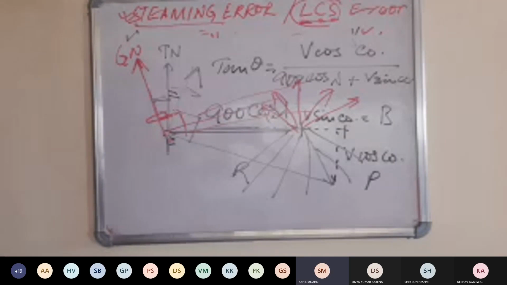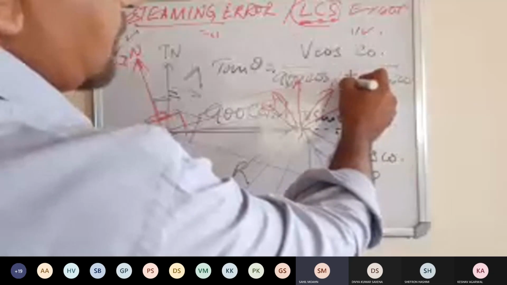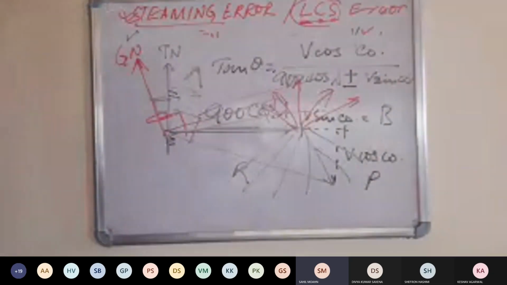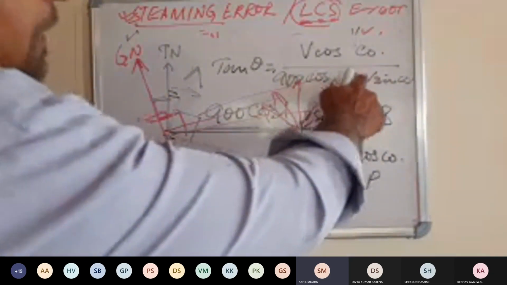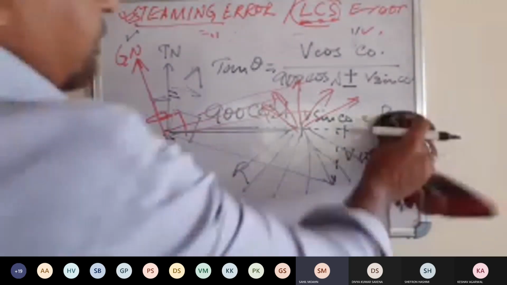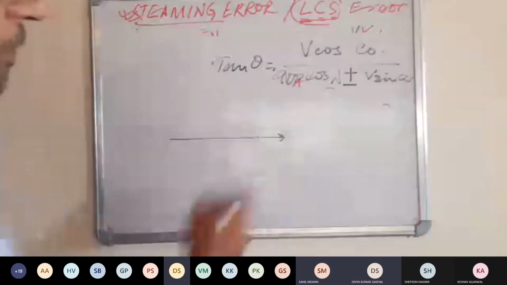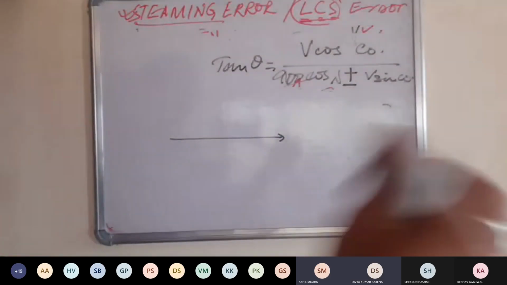Yes. Okay. One more thing, the sign here should be plus or minus. Sometimes it is plus, sometimes it is minus. Now why is that? Sir, if we are going towards the east side, then it will be plus, and if we are going westward, it will be minus.